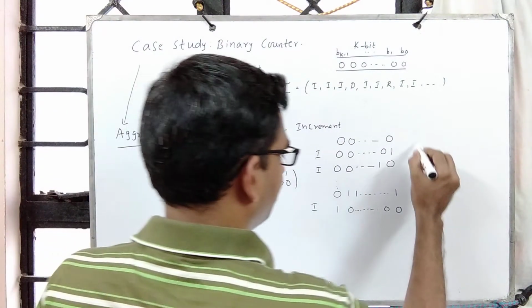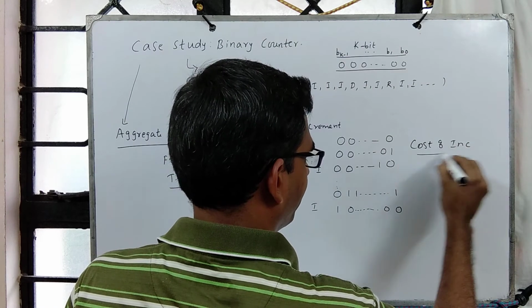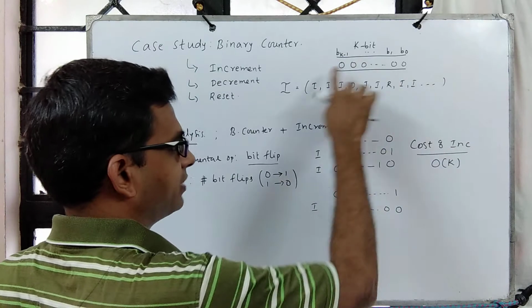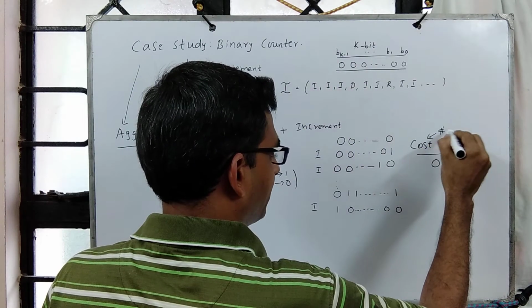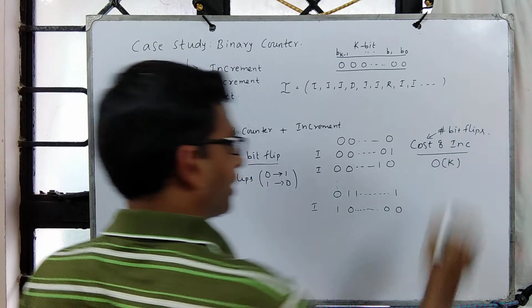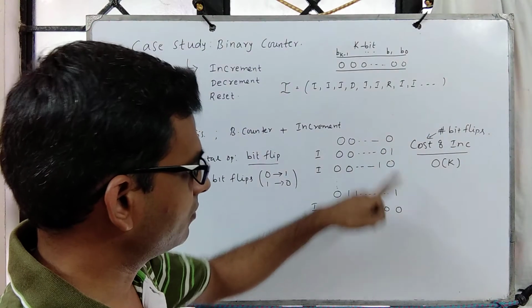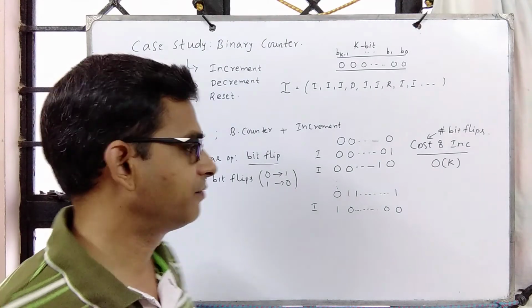So cost of increment is order of k. What is k? K is the size of the counter. Cost of increment meaning this represents the number of bit flips. It is only order. There are cases where it is constant, and there are cases where it is a function of k.